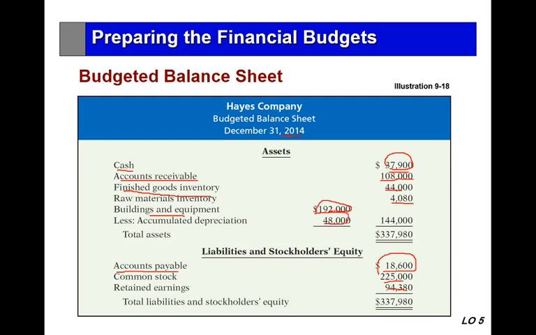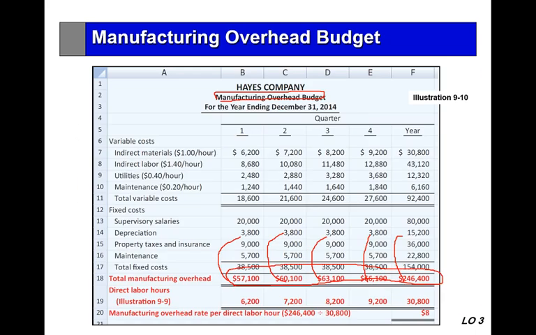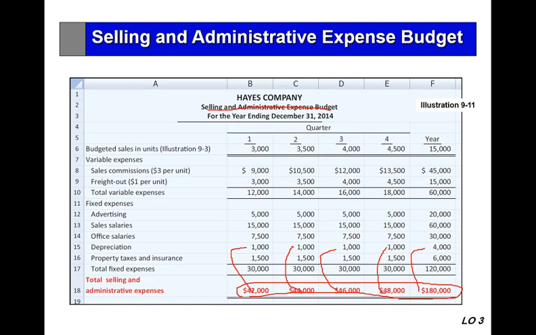From where does this accumulated depreciation come? 48,000 from the manufacturing overhead budget, where we have depreciation for the four quarters, a total of 15,200, plus the total depreciation on the selling and administrative budget, which is 4,000.